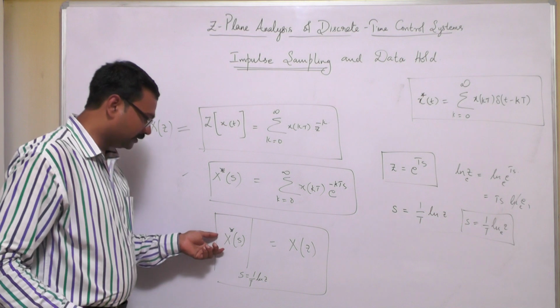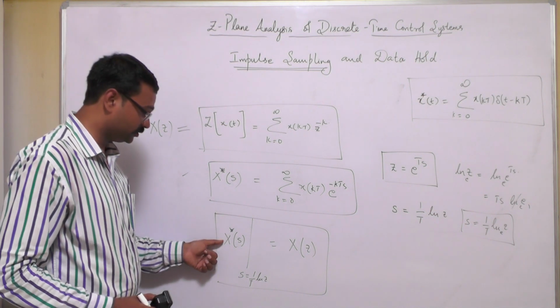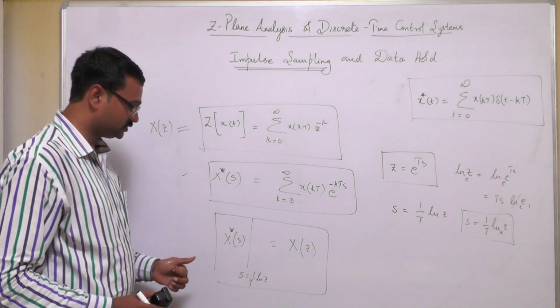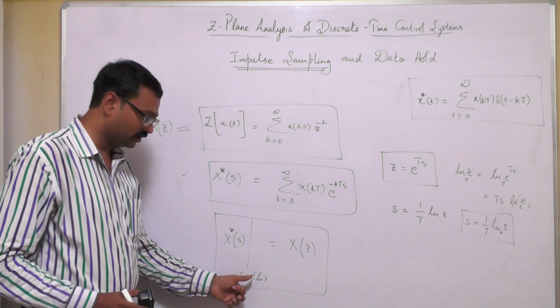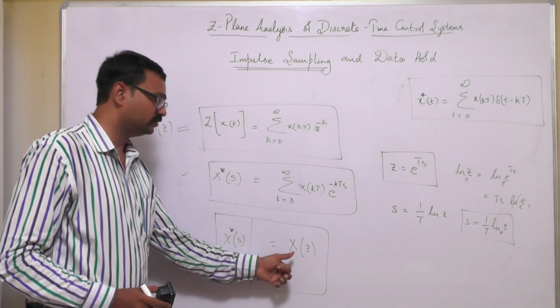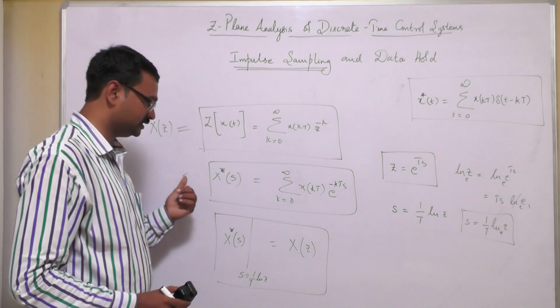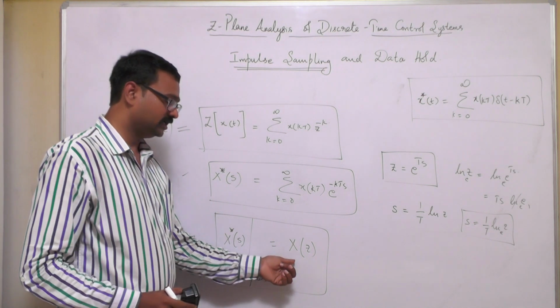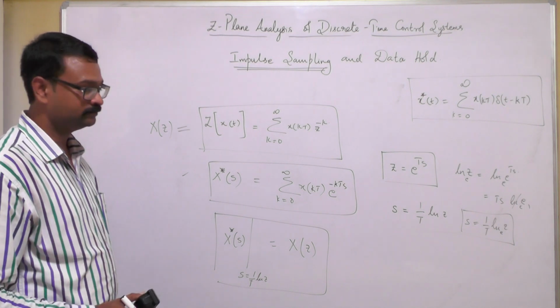That is the starred Laplace transform of the continuous time signal x of t, which is equal to X star of s when s is equal to 1 by T ln z, that is X of z. That is, the Laplace transform of any train of impulses, if you are considering it, is equal to the z transform of the function x of t.